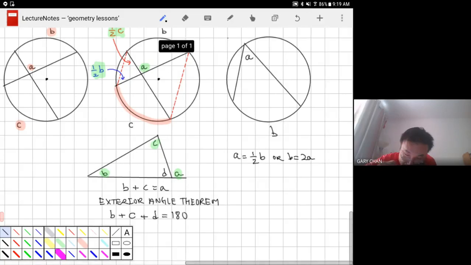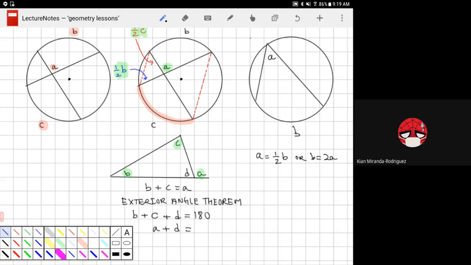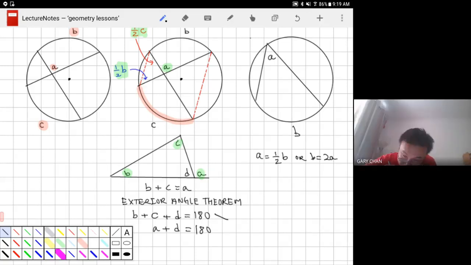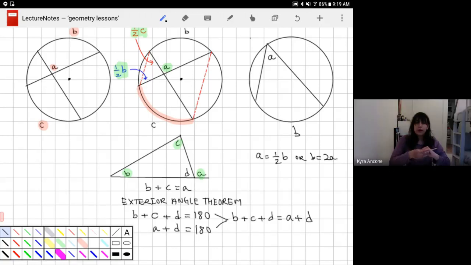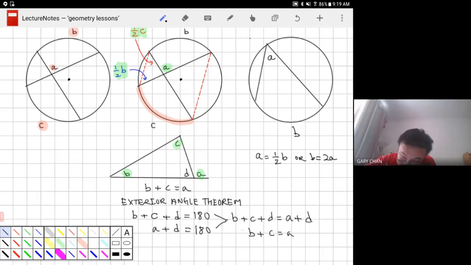And A plus D equals 180. So therefore, we can perform a substitution. We can say B plus C plus D is equal to A plus D. And what happens if we have the same things on both sides? We could just subtract D from both sides, and then we just get B plus C equals A. I love that, Kira. That's exactly it.